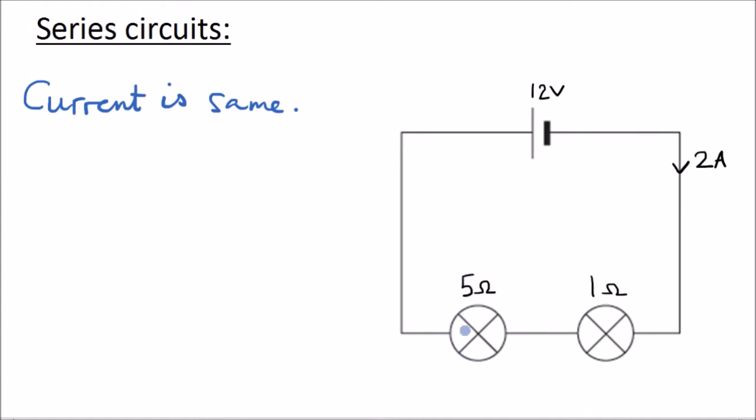Now we know that V equals IR, so that's Ohm's law. The voltage or potential difference is the current times the resistance. So that means that for that lamp, the voltage across it is 2 amps multiplied by 5 ohms, which gives us 10 volts across this lamp here.